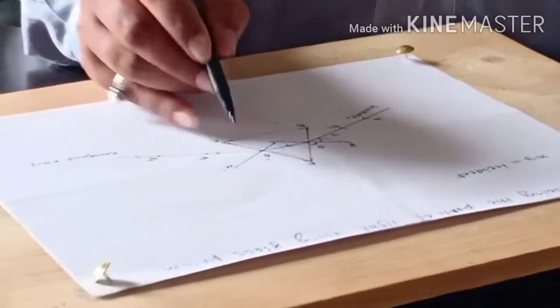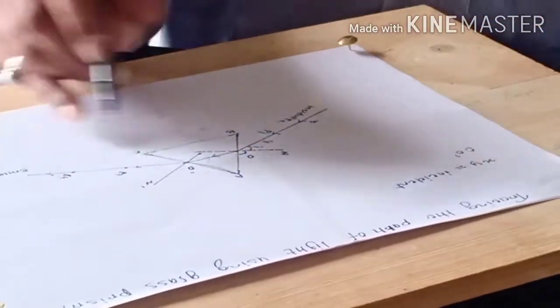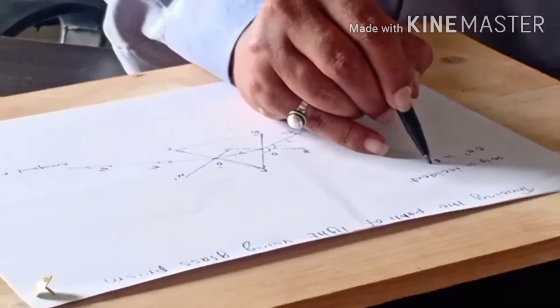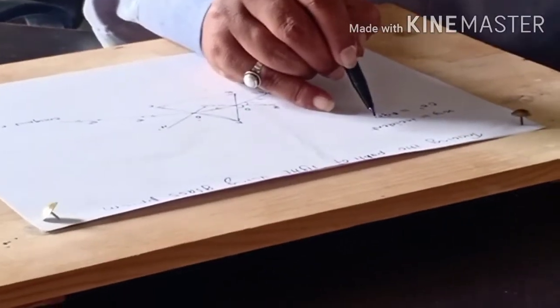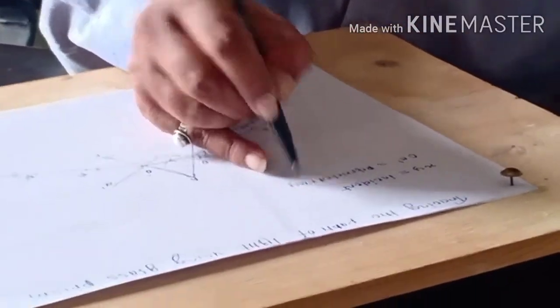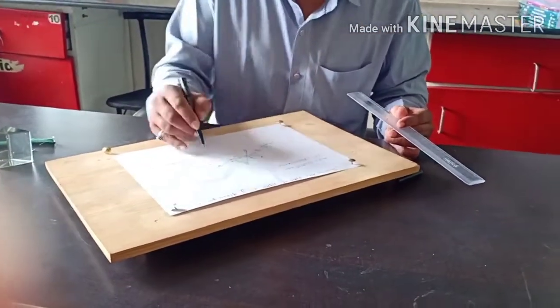This is O dash. O to O dash is called the refracted ray. This is the incident ray, and this is the refracted ray.